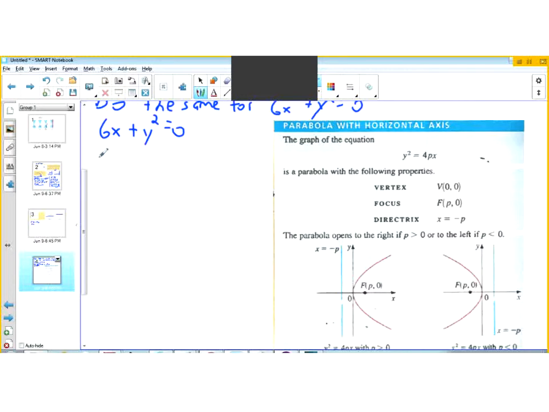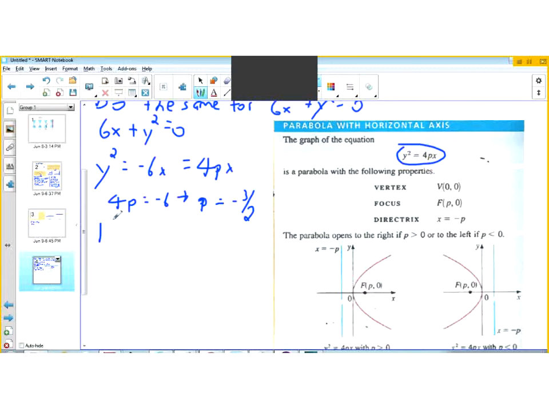Okay, so proceeding, we can solve for y squared. We can put it in this format right here. So we have y squared is equal to minus 6x, which must equal 4px. Okay, and so 4p is equal to minus 6, and that implies that p is equal to negative 3/2, right?